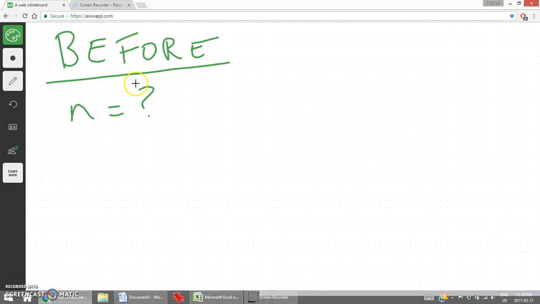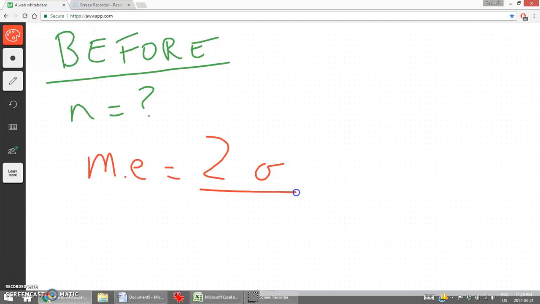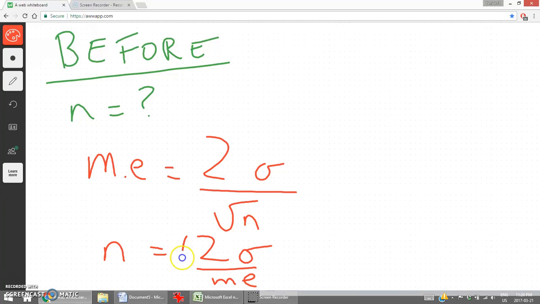So remember that our margin of error, ME, equals everything after the plus and minus sign, equals our Z value based on our confidence level, population standard deviation divided by the square root of n. If we want to isolate n, basically we end up with this, and everything in there is squared.